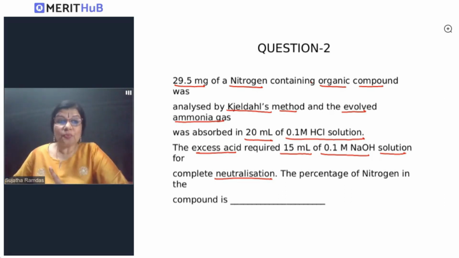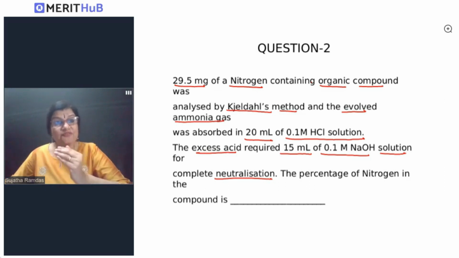I just want you to be very sure that you have already learned this chapter, Geldal's method, as a CBSE class 11 topic. There you've come across the analysis by Geldal's method where they use sulfuric acid and not hydrochloric acid.